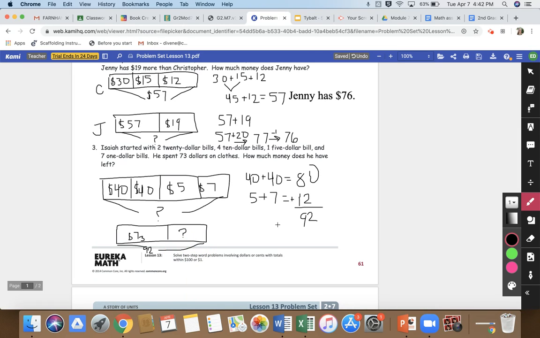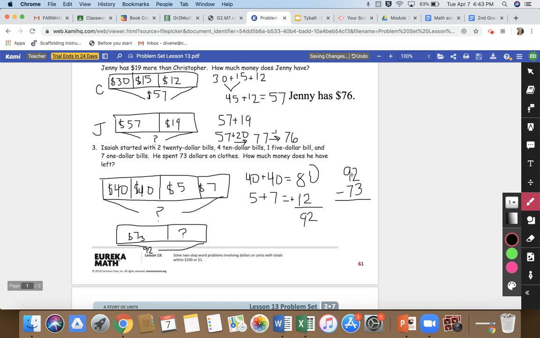Okay, so this is pretty easy. We can just subtract these two. So he starts out with 92. He spends 73. So it's taking away 73. And how much does he have left?